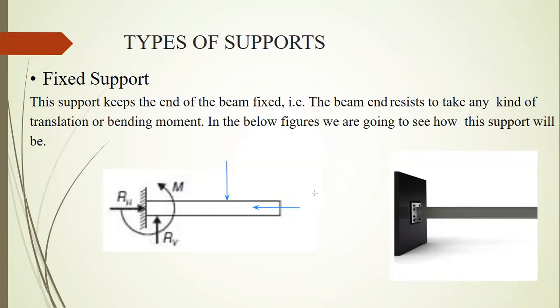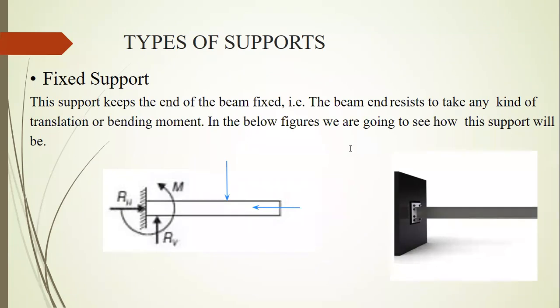If you consider this as the x axis and this as the y axis, the axis which is perpendicular to your screen will be called the z axis. So the moment about the z axis will be this moment. In order to keep the system in equilibrium in a non-coplanar system, there will be three equilibrium conditions.